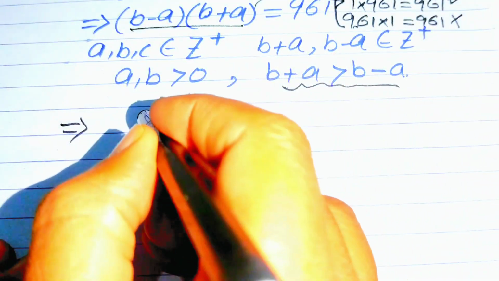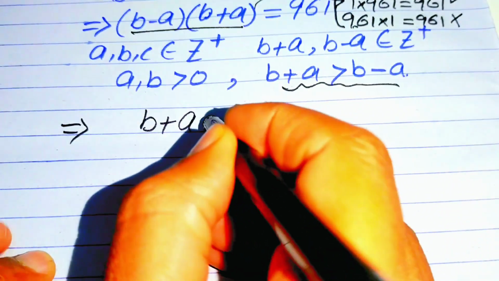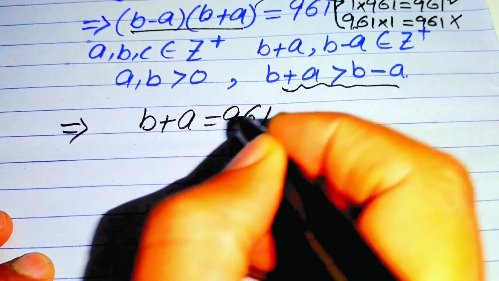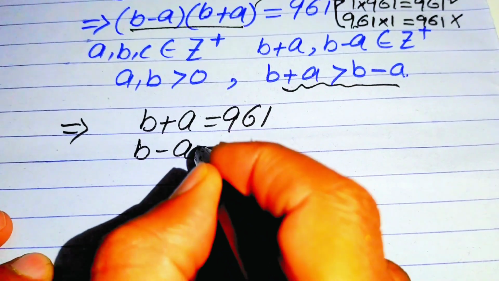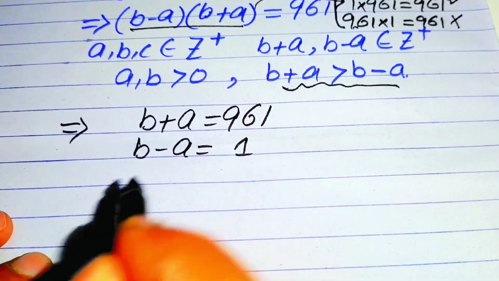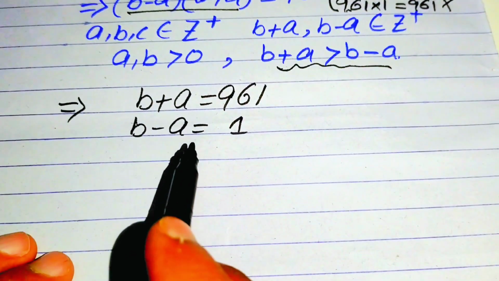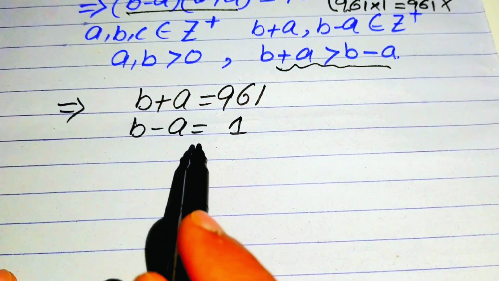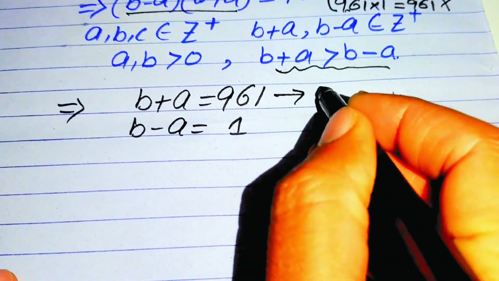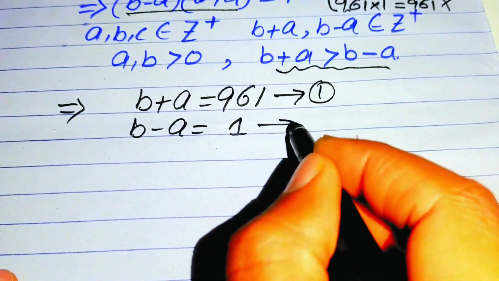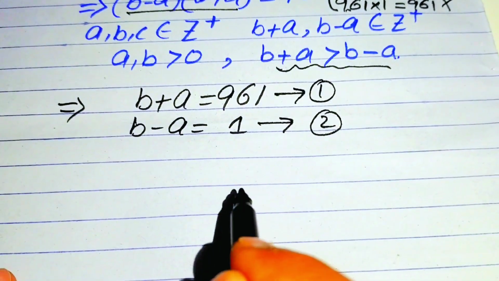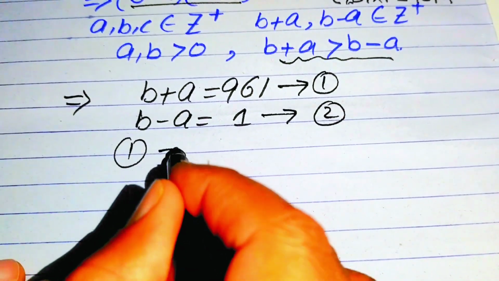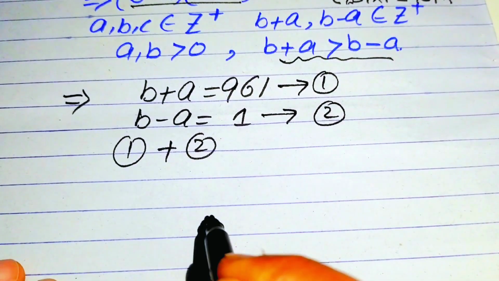After comparing, you get b plus a equals 961 and b minus a equals 1. Now we can solve these two equations and easily find the values of a and b. We call this equation number 1 and this equation number 2. First we add equation 1 and equation 2.